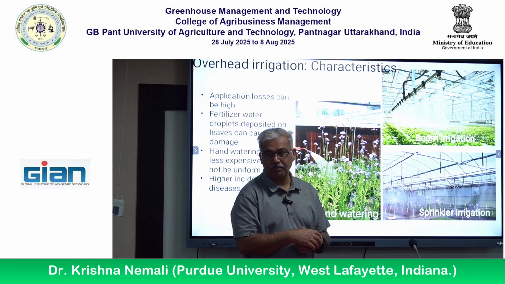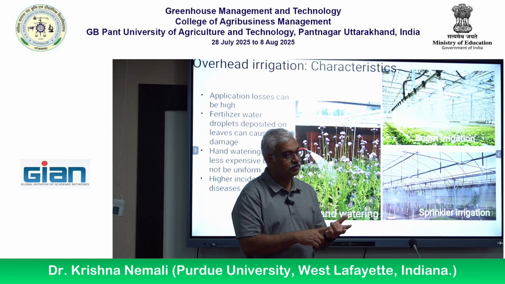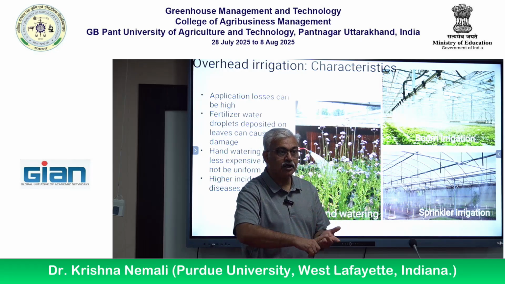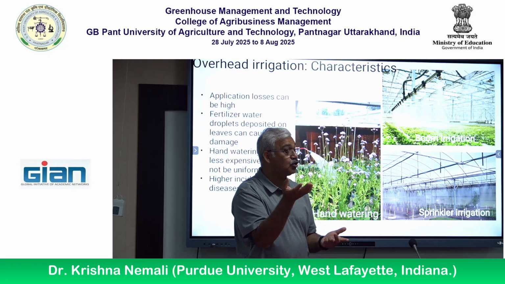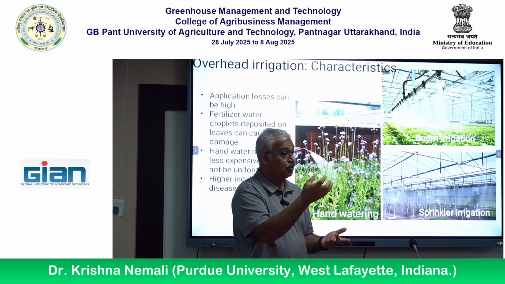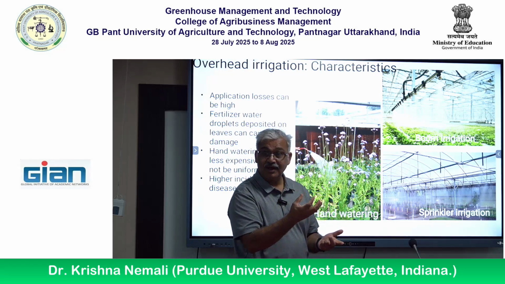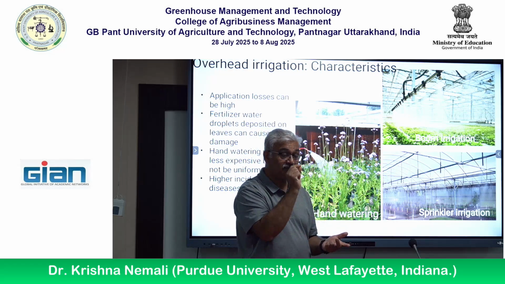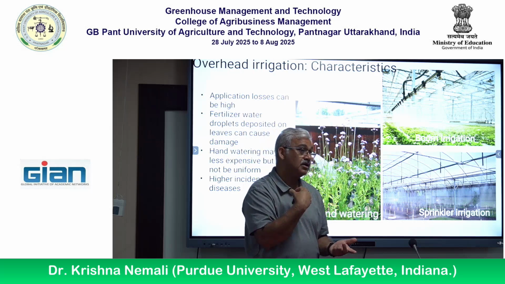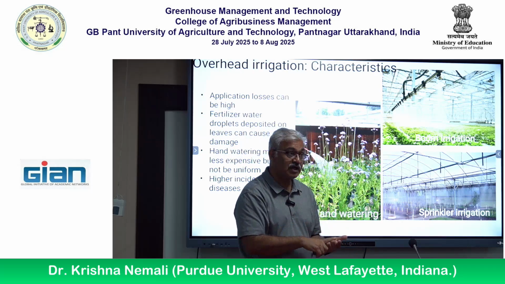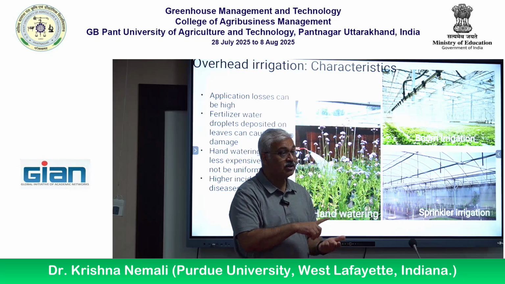So that's another problem. Bacterial problems, fertilizer accumulation on top of the foliage. If it is tomato plants that you are going to harvest and you are spraying water on them, now that fertilizer is on top of the fruit also that you will consume, right? So that's another problem. Wastage is another problem. Okay, all these things are important.